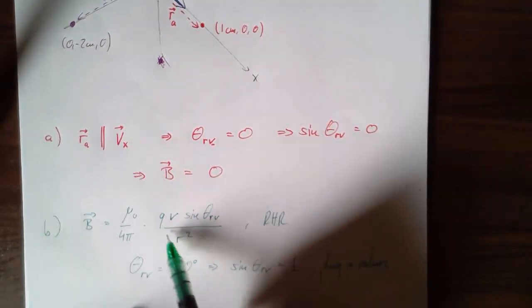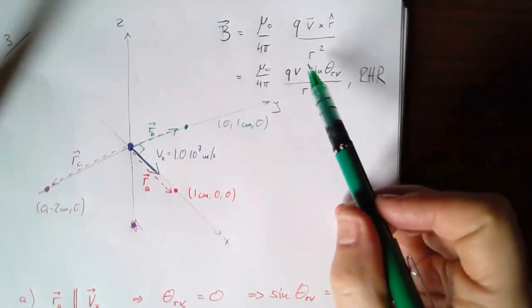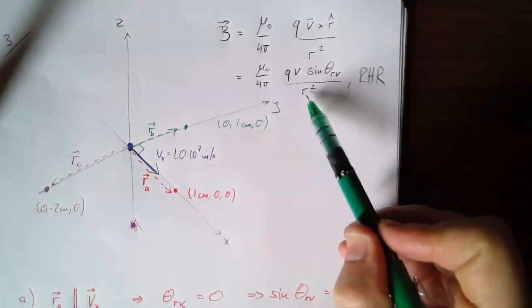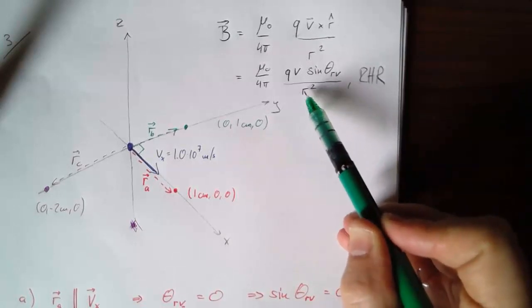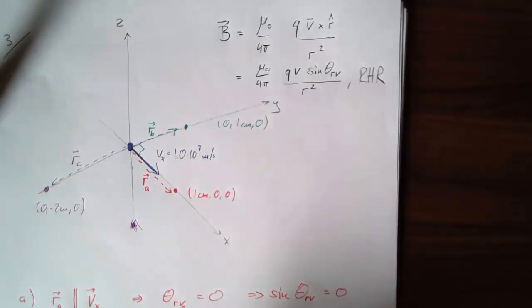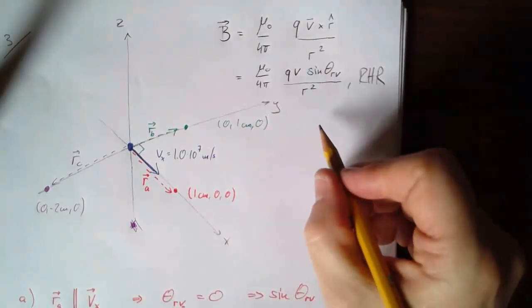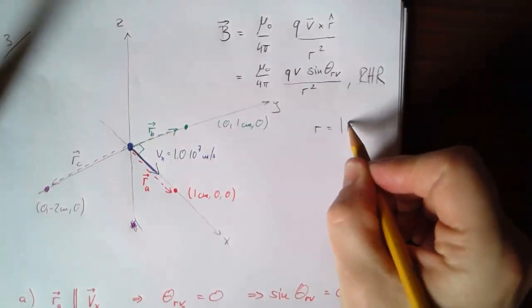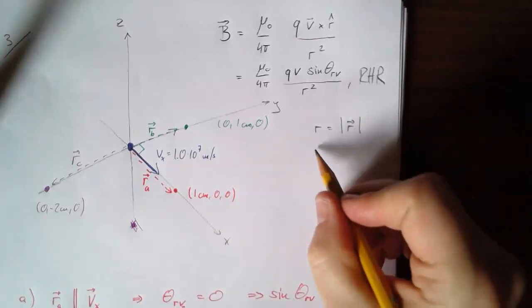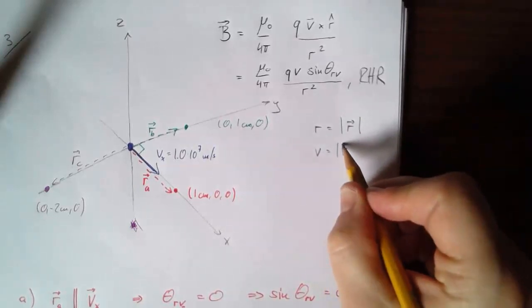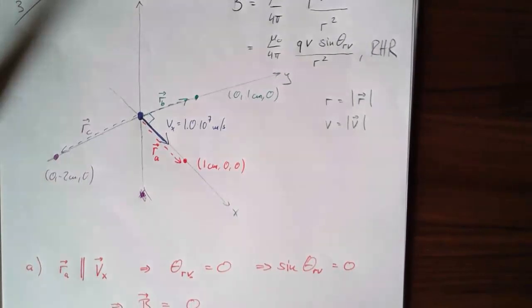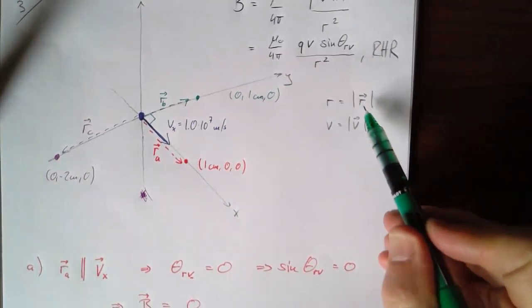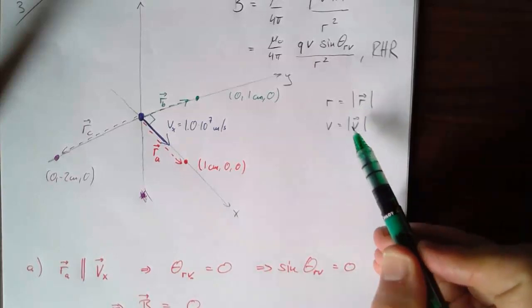I've noticed in this expression, and similar up here too, the R on the bottom is just the length. I didn't put a little arrow on top of it. So this is not a vector, this is just the magnitude. Sometimes writing R is shorthand for writing the magnitude of the vector. If I write V, I mean the magnitude of the vector. It's a very common shorthand notation because we're lazy and don't want to clutter up our equation with lots of extra symbols.